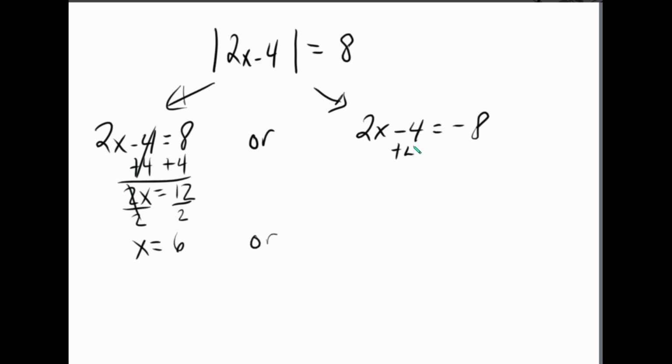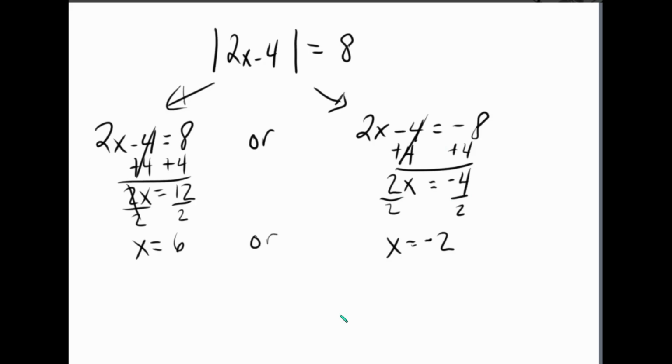Add 4 to both sides. Negative 8 plus 4, watch those negatives, is negative 4. Bring down my 2x. Divide each side by 2. x equals negative 2. So these would be my two solutions for this absolute value equation.